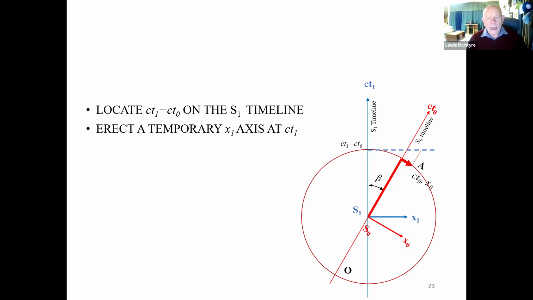We proceed from A parallel to CT0 to intercept the X1 axis, and an equal distance parallel to the S1 time axis to locate C, the Lorentz transform of A. This certainly is a simpler and faster method.